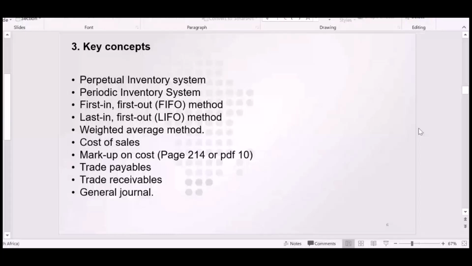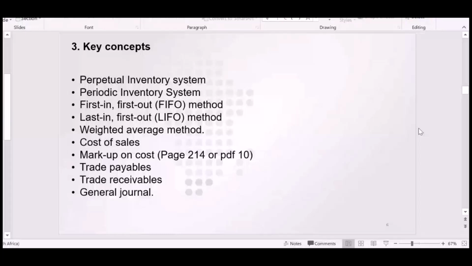Okay, thank you so much for that. I don't understand the first in first out method and the last in first out method, the inventory valuation methods. Okay. I think almost everything is not being understood except trade payables and trade receivables.